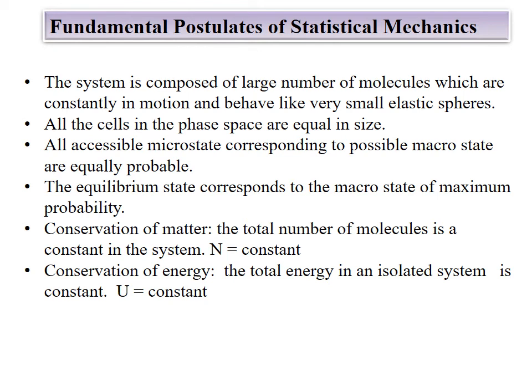The fourth one, the equilibrium state corresponds to the macrostate of maximum probability. The fifth one, conservation of matter, that is the total number of molecules in a system remains constant. And the last one is conservation of energy, the total energy of the system associated with the number of particles also remains constant. So these are the 6 postulates of statistical mechanics.